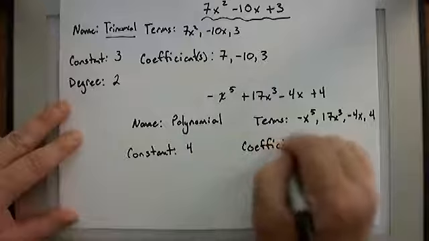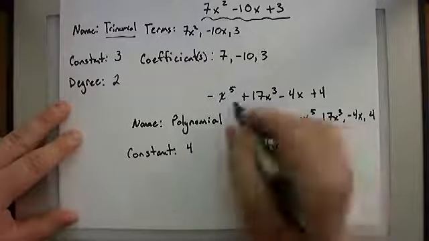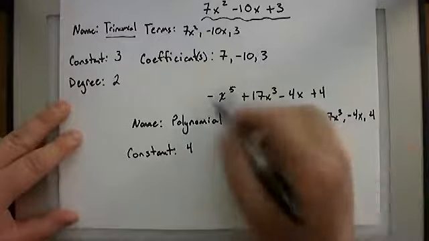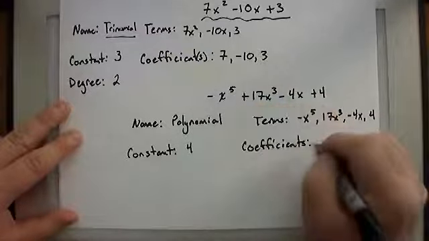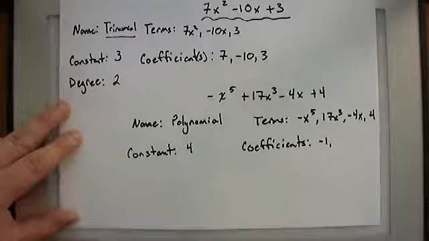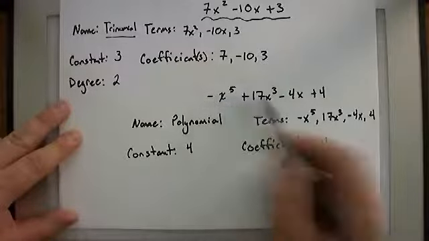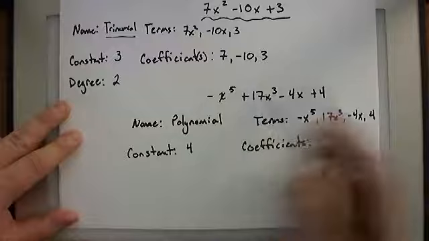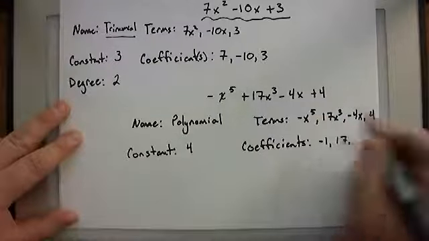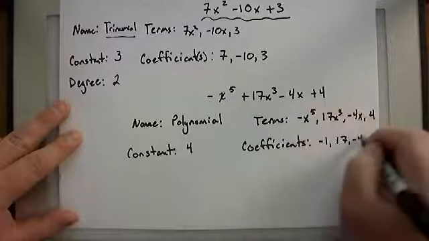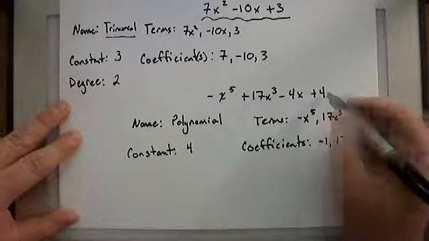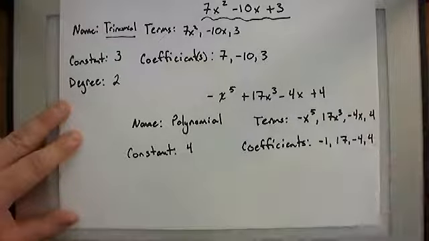Because that is the thing, you want to have them in order, highest power first. What's the number in front of this first piece? It's negative 1, yeah? If it was just x to the 5th, it'd be positive 1, right? So the coefficients here are negative 1, then 17, negative 4, and remember the constant is considered a coefficient, so positive 4 as well.